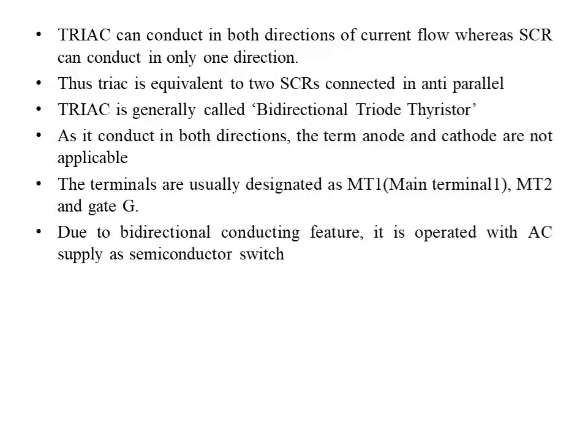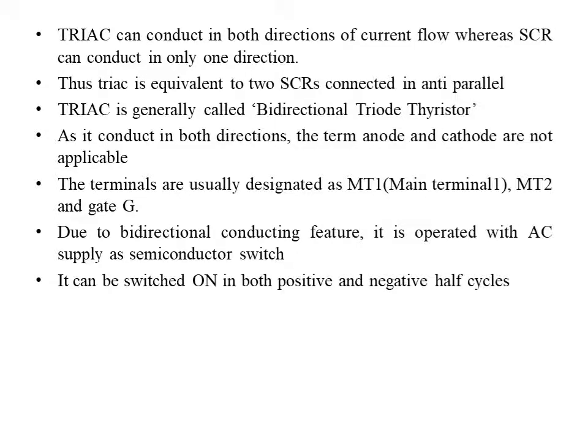Due to bidirectional conducting features, it is operated with AC supply as a semiconductor switch. Thus, due to triac, a bidirectional power flow can be controlled, so we can operate triac on AC supply also. It can be switched on in both positive and negative half cycles, whereas other thyristors, namely conventional SCRs, only conduct with positive gate voltage.